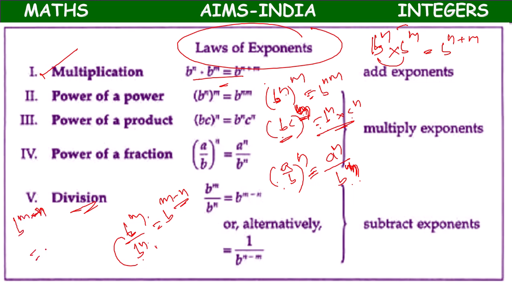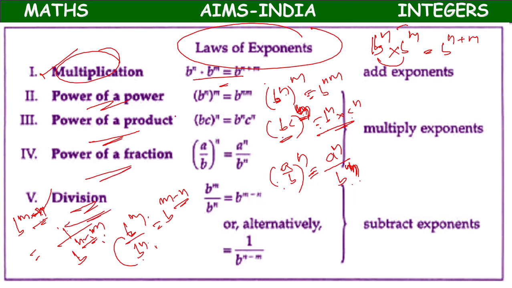And b power minus (m minus n) can be written as 1 by b power n minus m, which means the sign of the power changes. If you want to change the sign of the power, we can write it as 1 by. Like that, for multiplication, power of a product, power of a fraction and division, we have some laws.